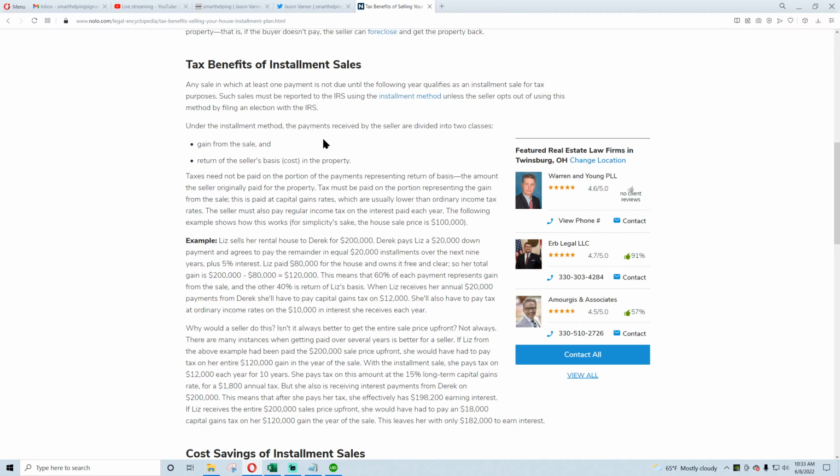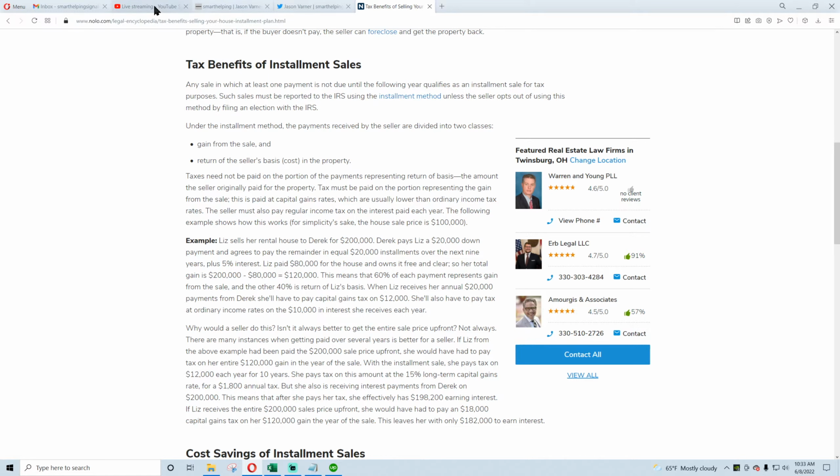Under the installment method, the payments received by the seller are divided into 2 classes: gain from sale and return of the seller's cost basis in the property. Okay, so taxes need not be paid on the portion of payments representing return of basis.